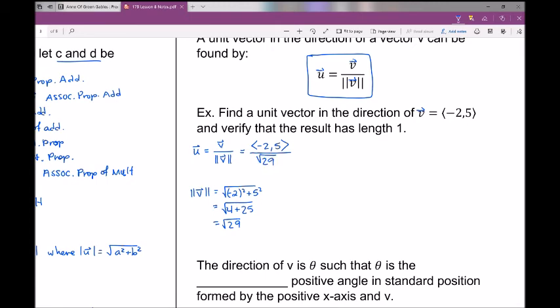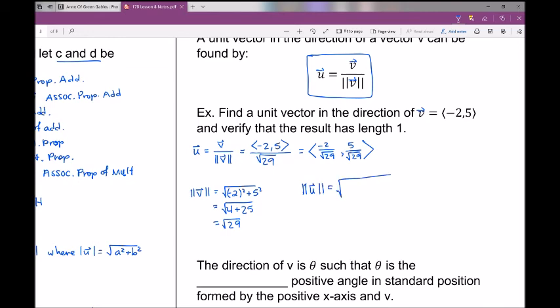All we're doing here is dividing by a scalar, so we just have to divide each component by that scalar. So our unit vector is negative 2 over the square root of 29, comma 5 over the square root of 29. Let's actually verify that this is a unit vector. Let's find the length, or the magnitude, of u.